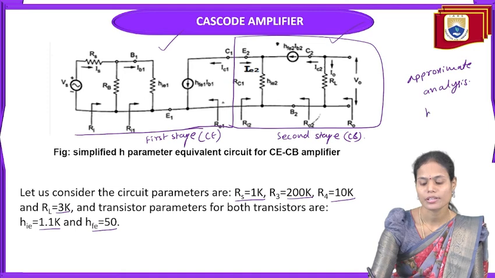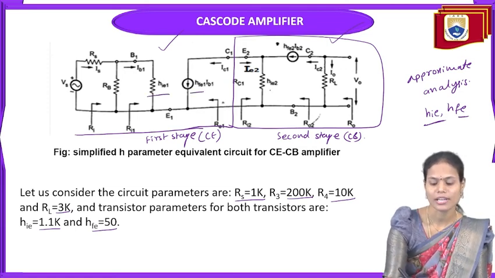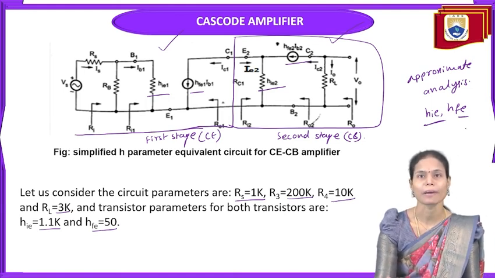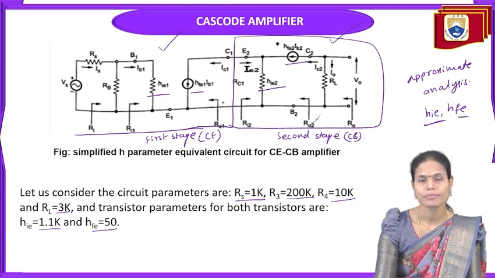In the approximate analysis we have only the hie as well as hfe parameters, along with all the input and output voltages and currents.